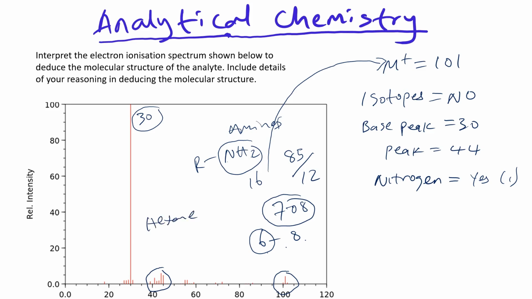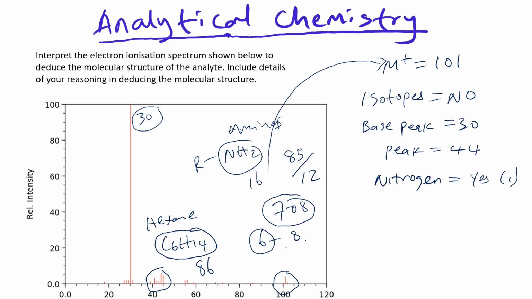Hexane is C6H14, right? So let's find the molecular weight of C6H14, hexane. 12 times 6 plus 14 gives us 86. Now remember, you have to substitute one hydrogen with an amine.